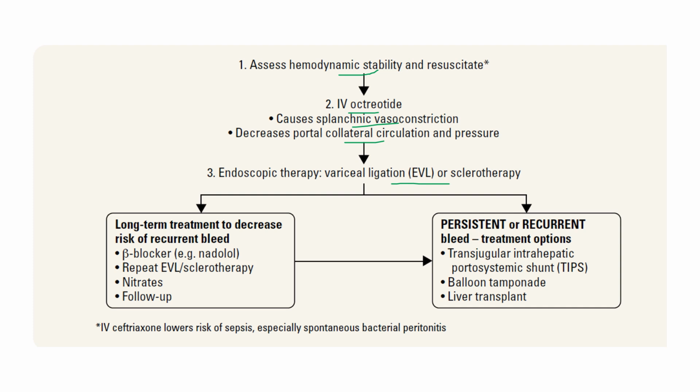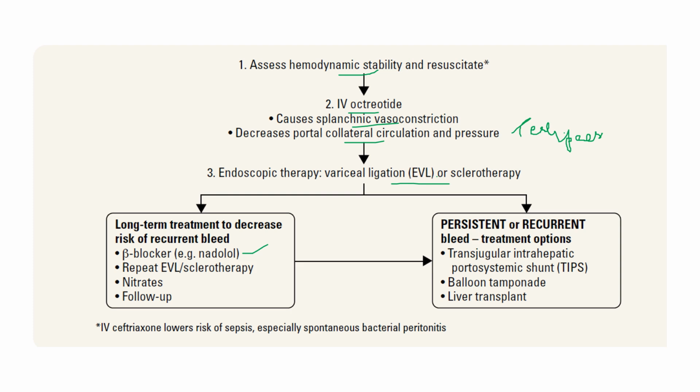Then long-term treatment to decrease the risk of recurrent bleed. You can give octreotide, and you can give terlipressin also. It also causes splanchnic vasoconstriction.